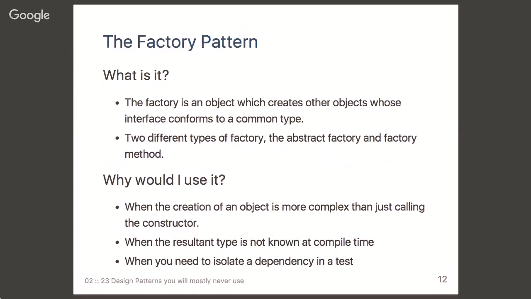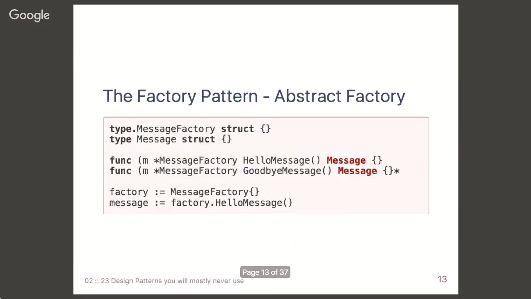You've got the abstract factory and you've got the factory method. If we have a look at how the abstract factory works, it's fairly straightforward. It has two methods which are responsible for creating two other objects, and they're predetermined at compile time.